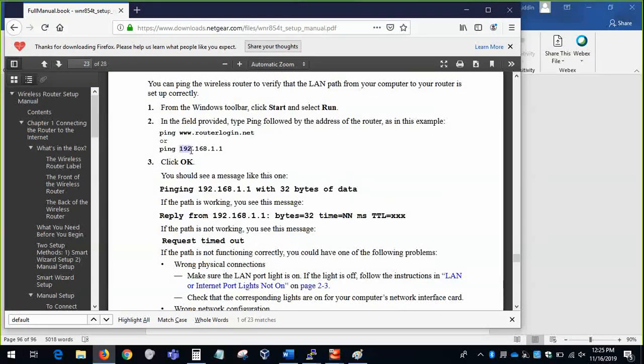So this one here is 192.168.1.1. That is not tied to the manufacturer. If you want, you could assign whatever you want. But just by looking at 192.168.1.1, that means this is a local home IP address or a local internal IP address.